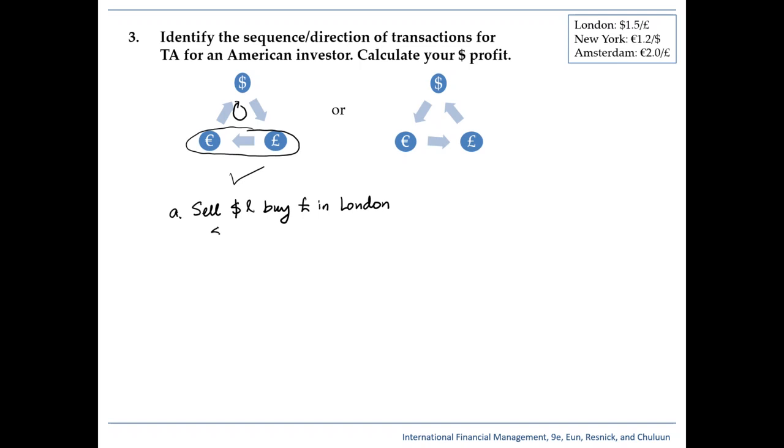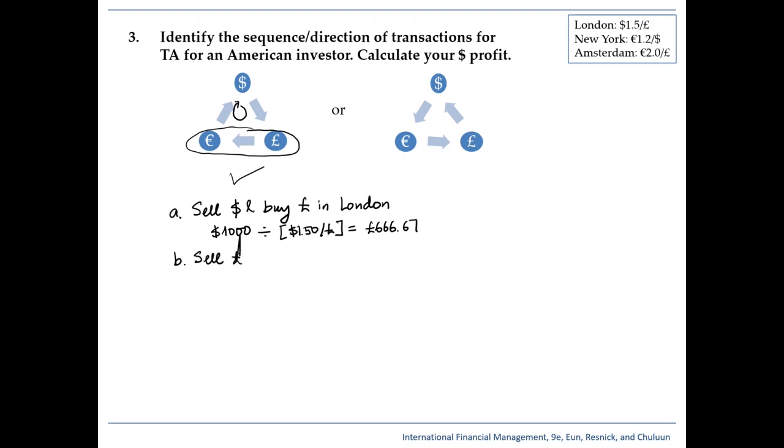So you have $1,000 and you're going to convert them into pounds at the rate of $1.50 per pound that was quoted by the bank in London. This will generate you 666.67 pounds.